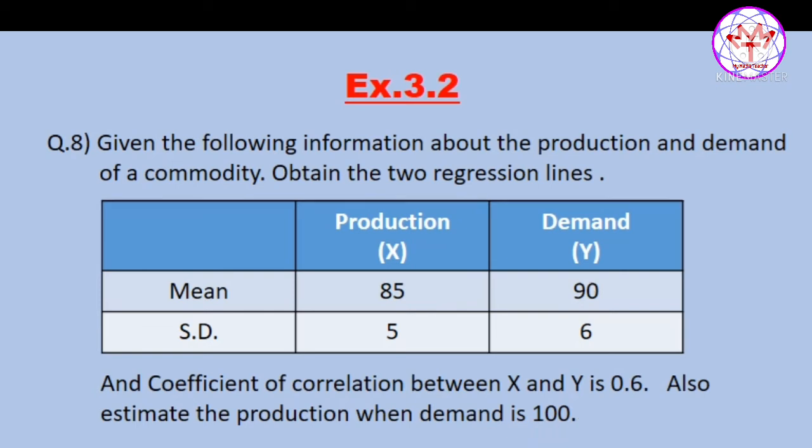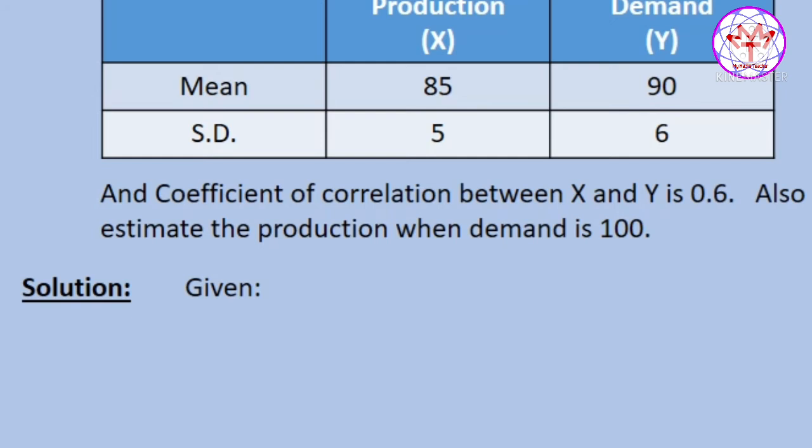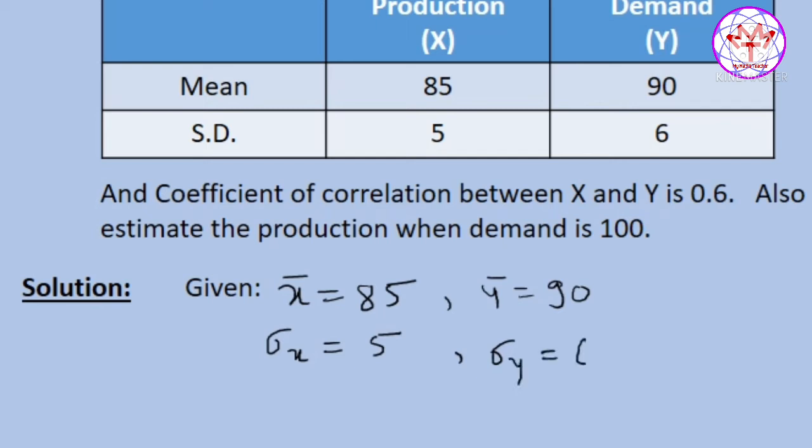Okay, so first let us write what is given. The mean of x is 85, that means x bar is equal to 85. The mean of y is 90, that means y bar is equal to 90. The standard deviation of x is 5, denoted by sigma x, so sigma x is equal to 5 and sigma y is equal to 6.